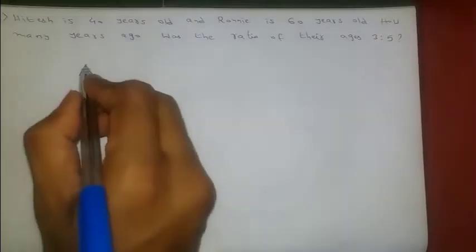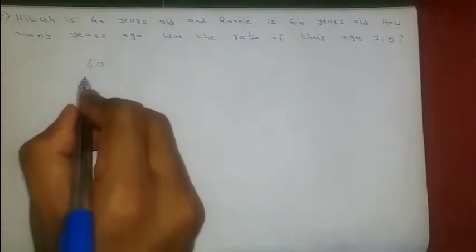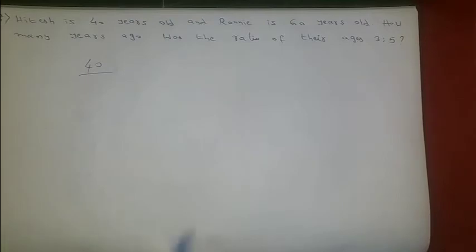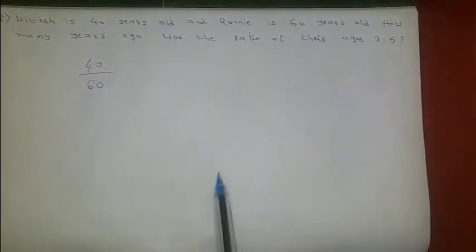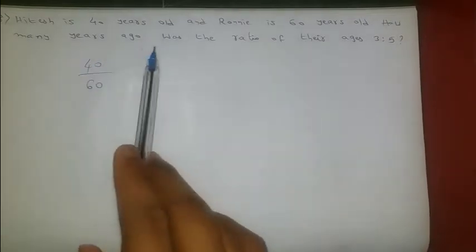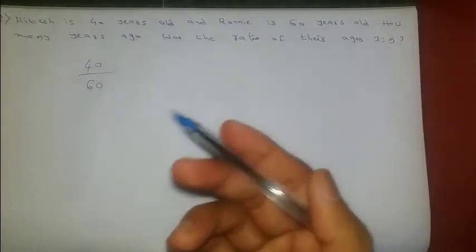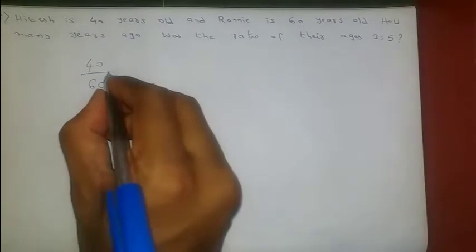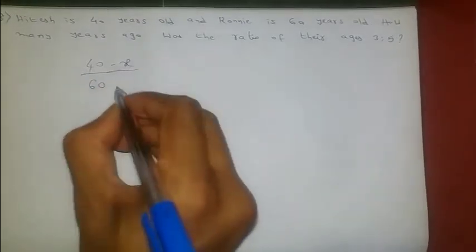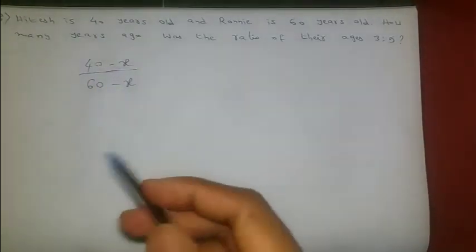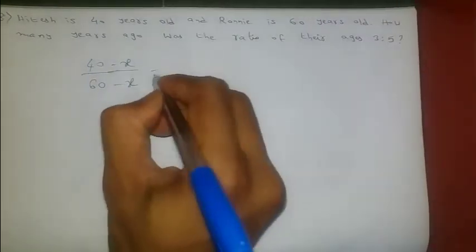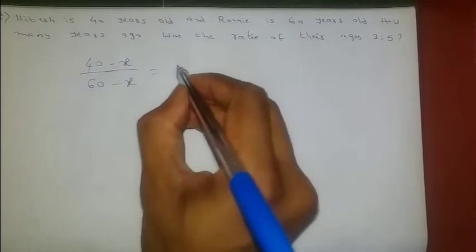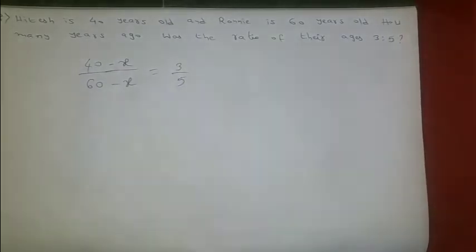The present age of Hitesh is 40 and present age of Roni is 60 years. Then how many years ago, how many years back? We don't know that. That years ago I am taking as some constant x. That is ago, so I am doing minus. Some years ago their age was in the ratio 3:5.